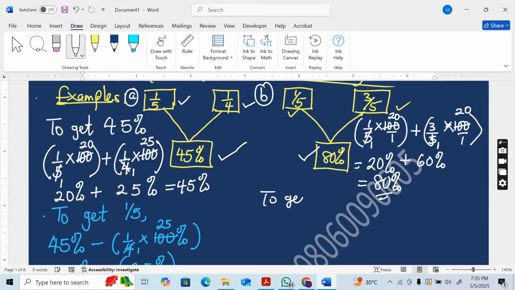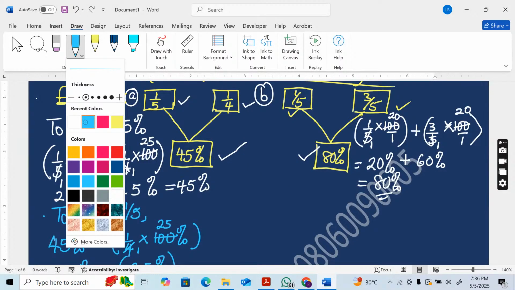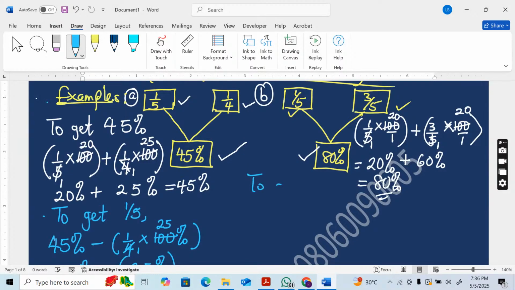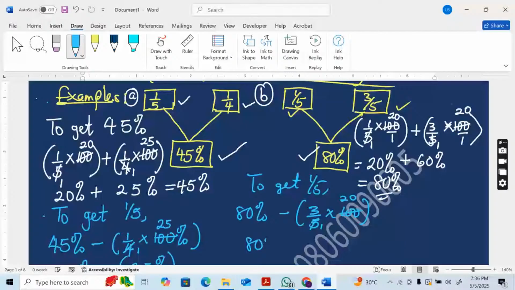So to get 1 over 5, that will be 80% minus the percentage of 3 over 5. That's 3 over 5 times 100. 5 divides 5, that's 1, and 5 divides 100, that is 20. 20 times 3 will give us 60%. So 80% minus 60% will be equal to 20%.